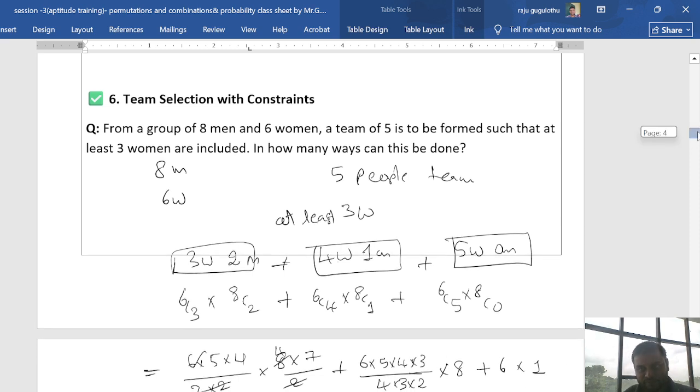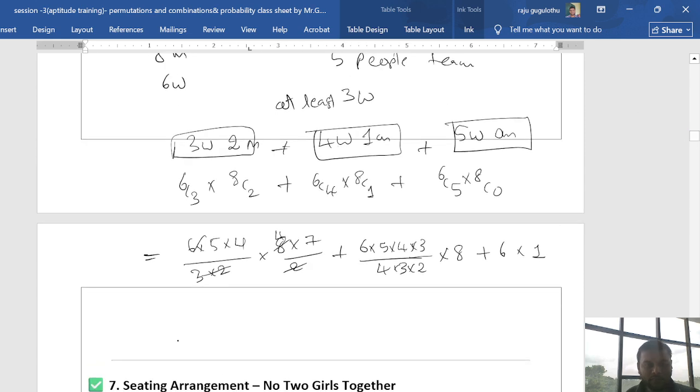So here we are having 5 into 4 is 20, 4 into 7 is 28. That is 20 into 28, making it 560.